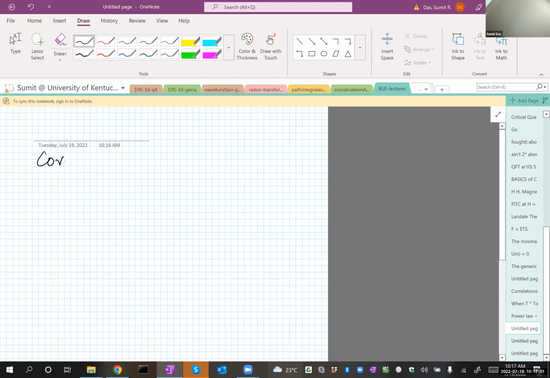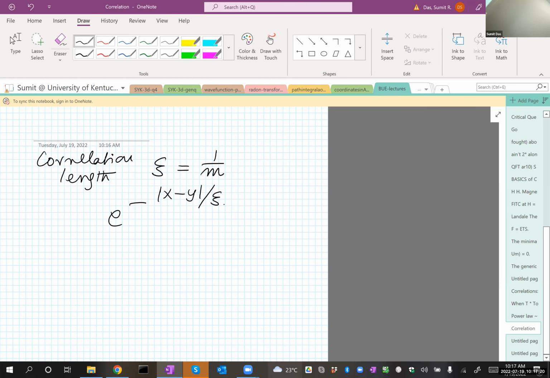You define something called a correlation length, xi, which is basically 1 upon m, so that the behavior is really e to the minus |x minus y| by xi. The meaning of this is that when the distances are large compared to xi, the correlation is basically 0. But when the distance is small compared to xi, the correlation is non-zero, as in fact given by a power law.